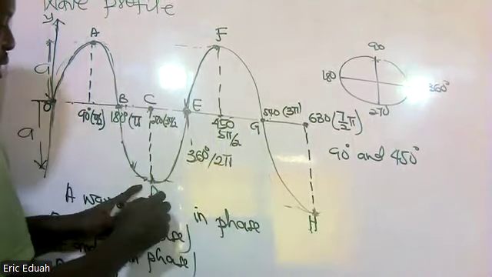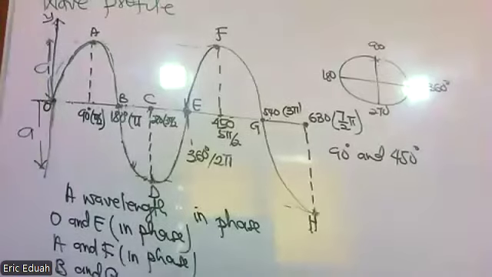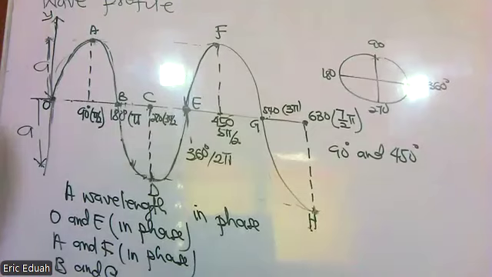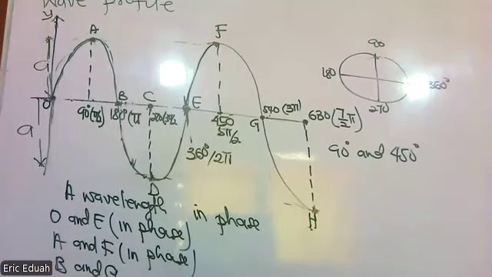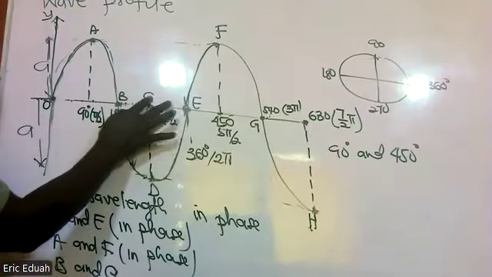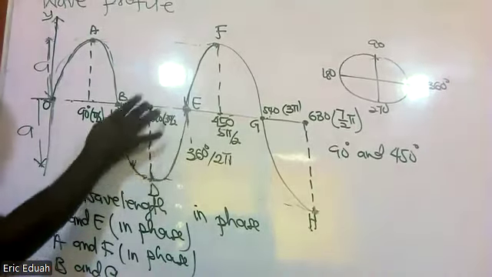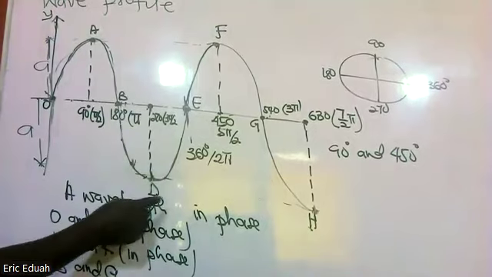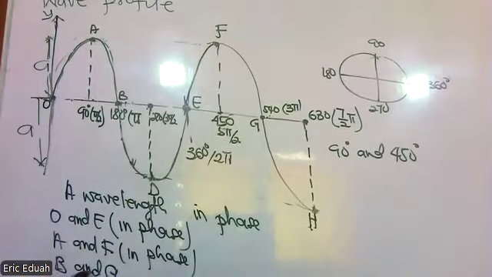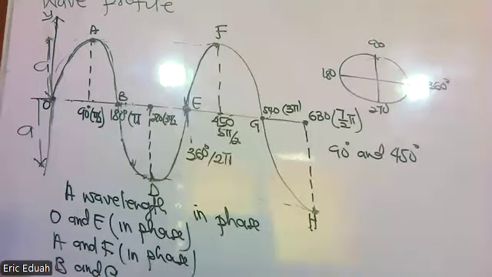So points D and H are also in phase. Please see why you've written the D. Isn't it the same for the C? Oh yes, I didn't realize it. So either C or D. So the points D and H are in phase. They occur at the same angle.